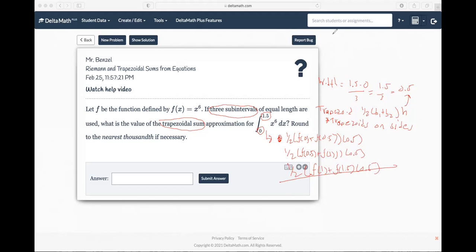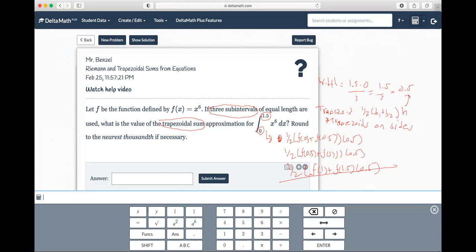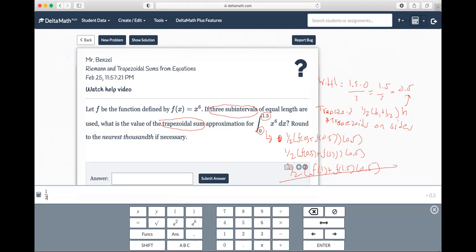Now, if I want to go to my calculator and do this, I'm just going to do it one trapezoid at a time. So my first trapezoid, I have the 1/2, and the f of 0 would be 0 to the 6th plus 0.5 to the 6th. And look at what I'm typing in, times 0.5. Woo! There's one trapezoid. Yay.